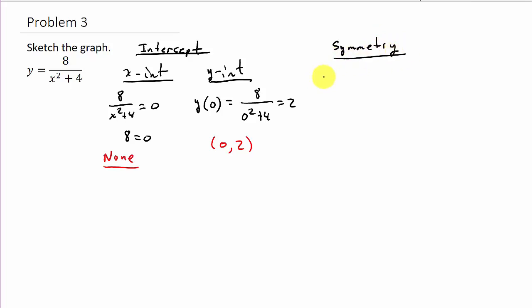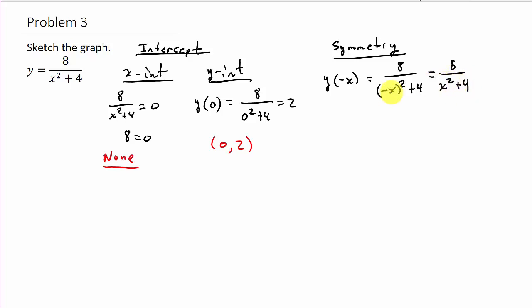All right, so for symmetry, we want to determine, is this function odd or even? So we evaluate the function at negative x. So that's 8 over negative x squared plus 4. And so that's going to be 8 over, and then negative x squared is just x squared plus 4.